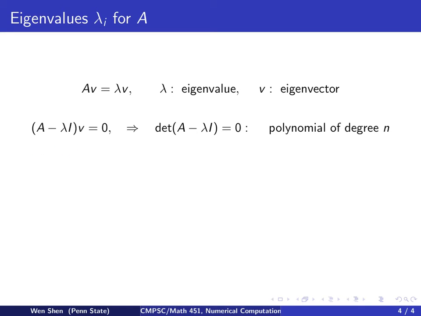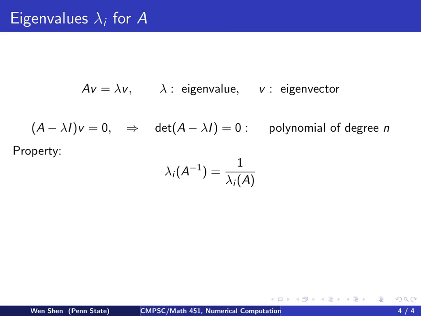If this is singular, that means its determinant equals 0. We have probably done this computation for 2 by 2 or 3 by 3 matrices, and we see that computing the determinant of this expression in the end leads to a polynomial of degree n, and this polynomial is called the characteristic polynomial of matrix A. So the lambdas will be the roots of this polynomial. In general, we will have n eigenvalues counting multiplicity.